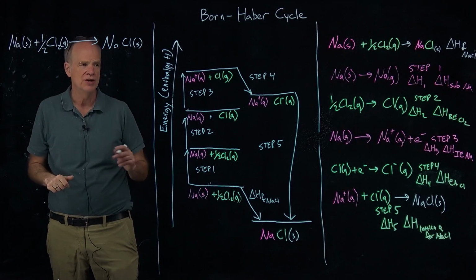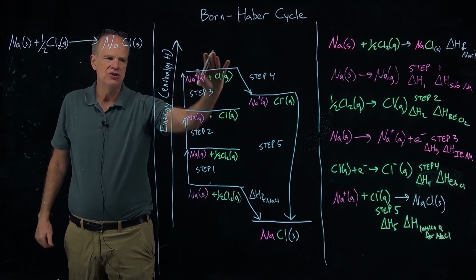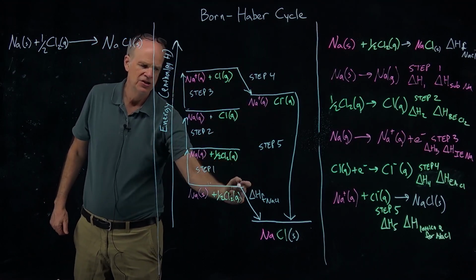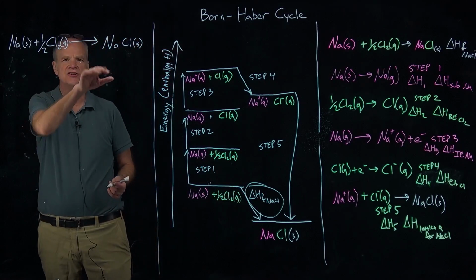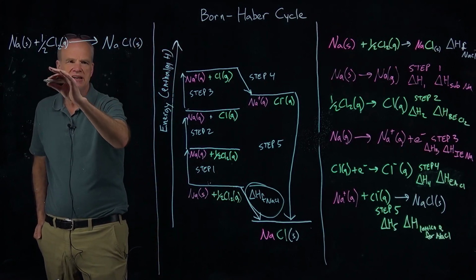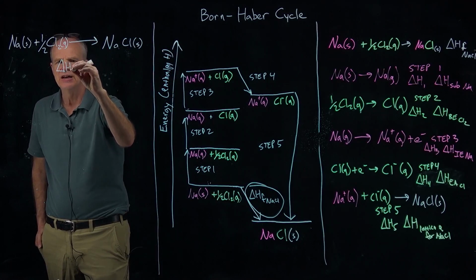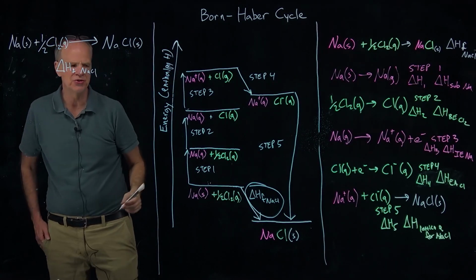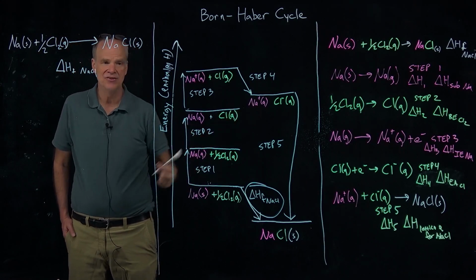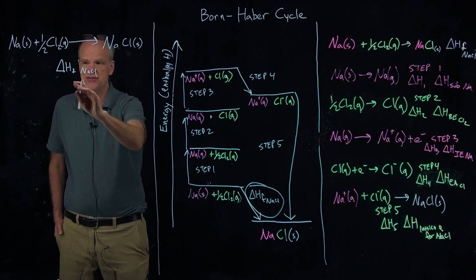And so what you can see of this energy diagram is that here all the energy steps, when added together, should be equal to this, the change of the enthalpy for this reaction here. So this reaction, again, can be described by change of enthalpy, which is delta H f, formation of NaCl. And what I'm hoping you can see is we can add the enthalpies of the individual steps, and we should be able to get that.